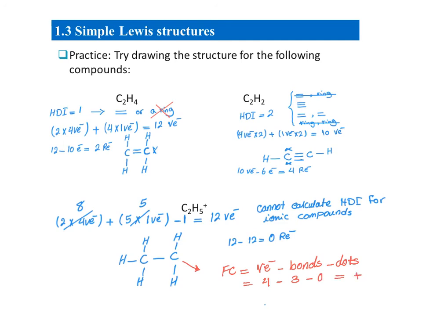That gives me the plus 1 charge. So I put that plus in here. So this plus on this molecular formula belongs to this carbon. And actually without calculation, we can even know that basically a trivalent carbon without any lone pair is always positively charged. We have a carbocation.